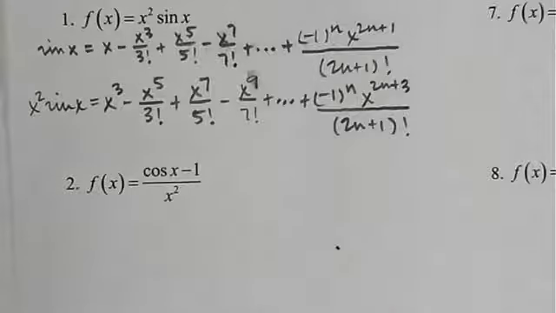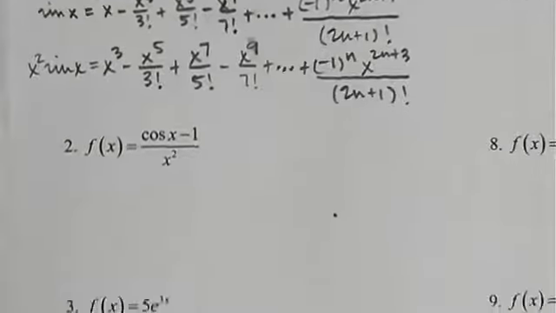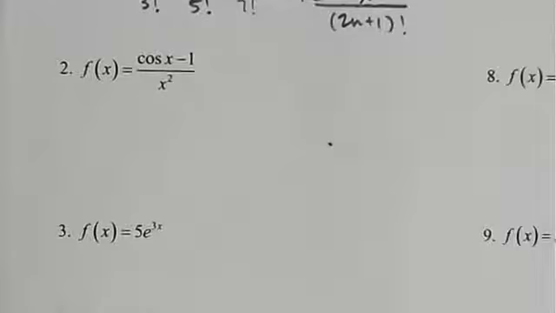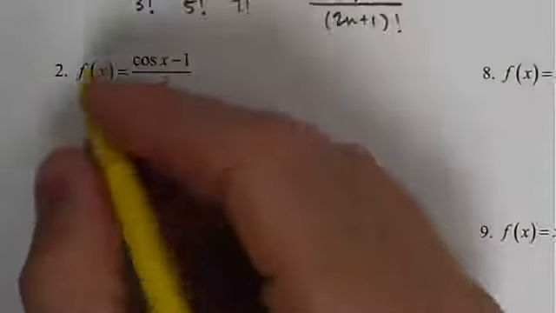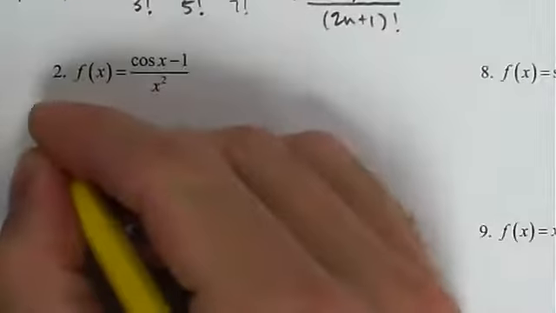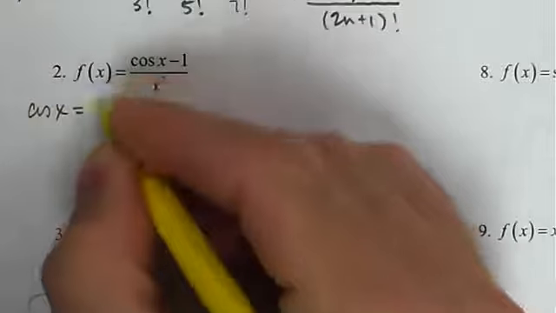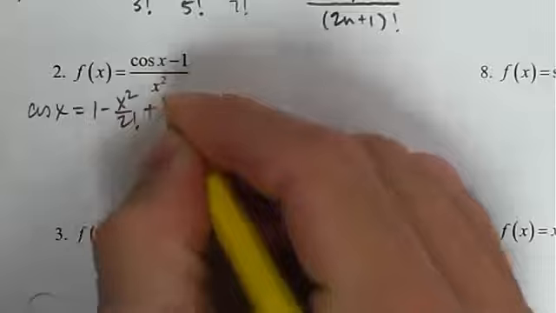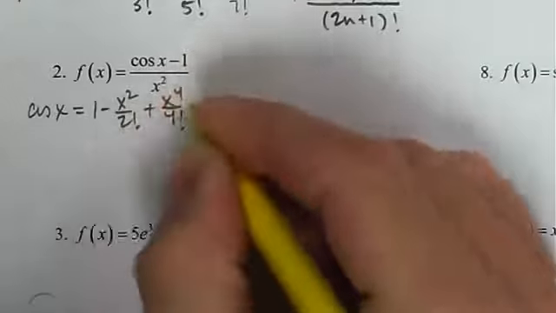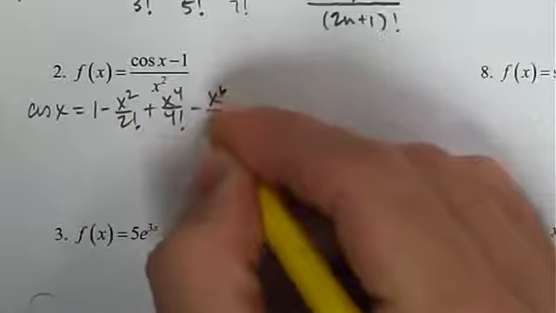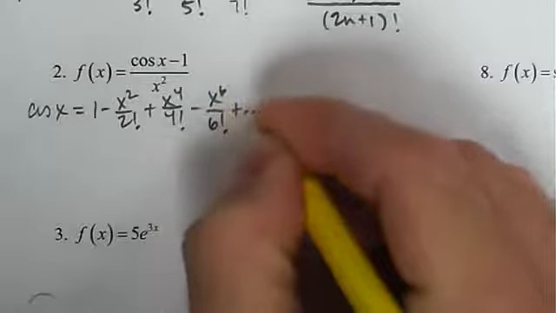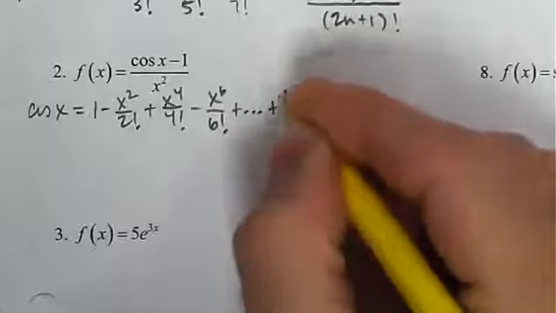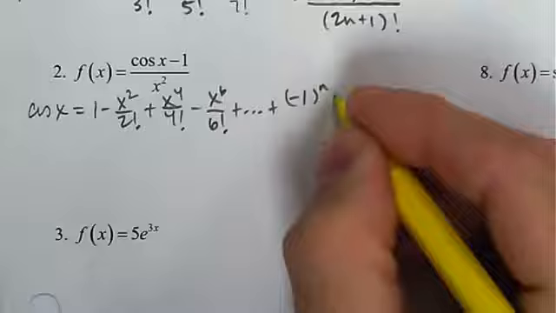All right, the second one, cosine x minus 1 divided by x squared. Okay, I'm going to start with cosine x, then I'm going to subtract the 1, then I'm going to divide by x squared after that. So cosine x is equal to 1 minus x squared over 2 factorial. All even terms, because cosine's an even function. Know that when writing the general term, it alternates.